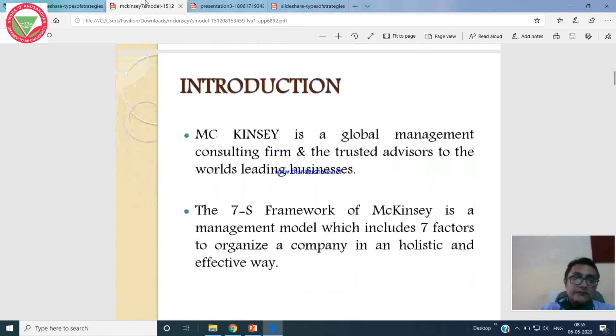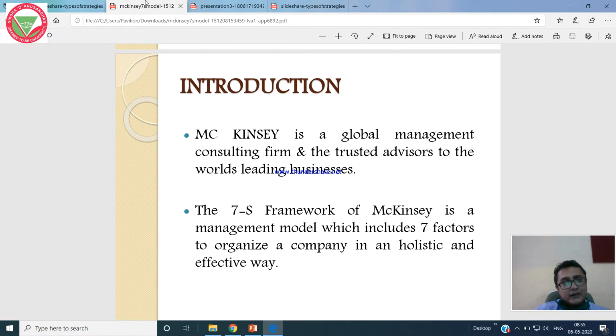Now, we will continue. It has also been derived by the consulting company called McKinsey, the trusted advisor to the world's leading businesses. McKinsey operates as an independent consulting firm and they often derive various models and strategies.